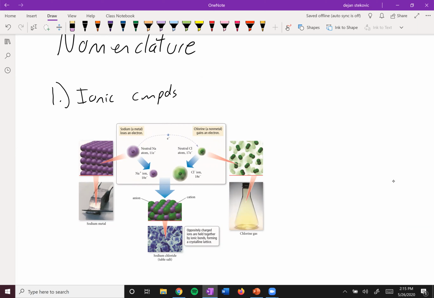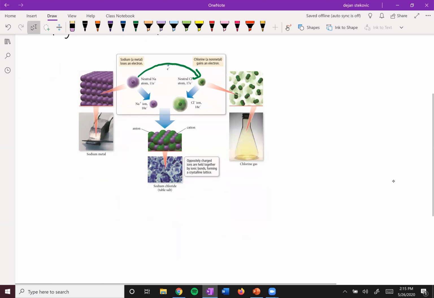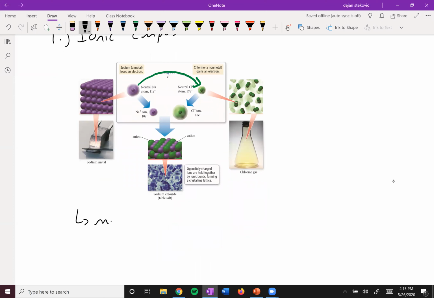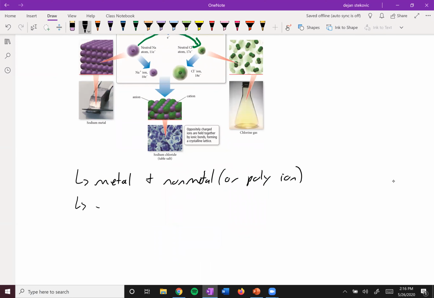They combine, the electron goes from the metal to the nonmetal, and then we form an ionic compound, sodium chloride or table salt. We'll look into that deeper later on, but for now, we want to focus on the nomenclature. So remember, this is a metal plus a nonmetal, or a polyatomic ion instead of the nonmetal. Remember that the electrons are transferred.